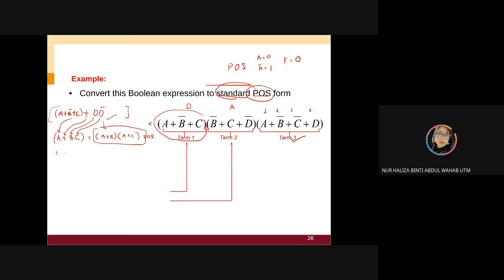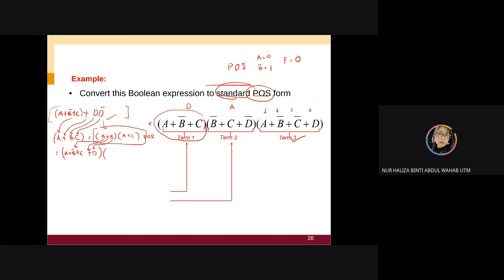So let me try to convert. I'm going to get A plus B bar plus C for my A, and I add with my B. My B will be D. And then I factorize. You can see this is my A, this will be my B, and I add.